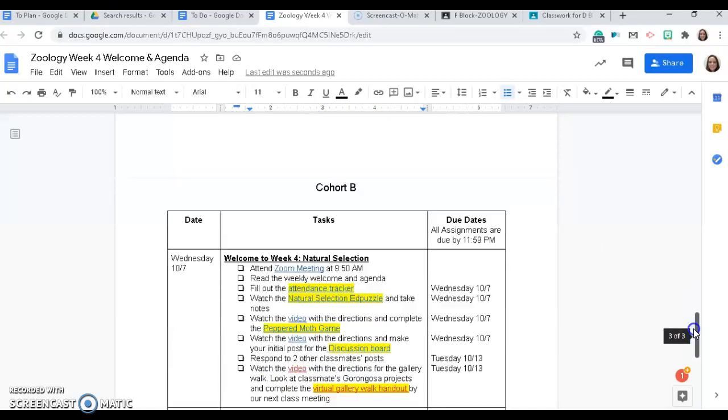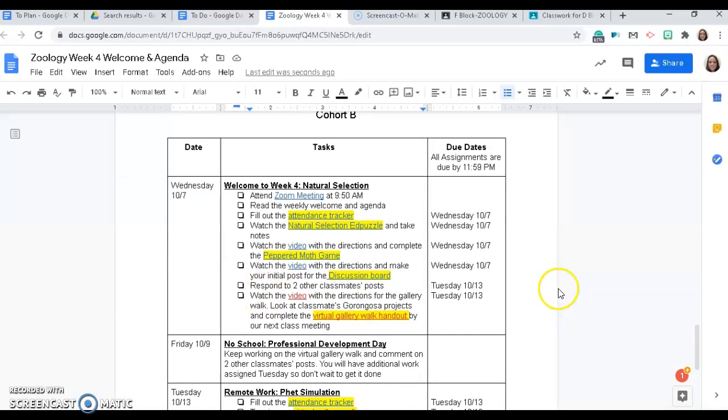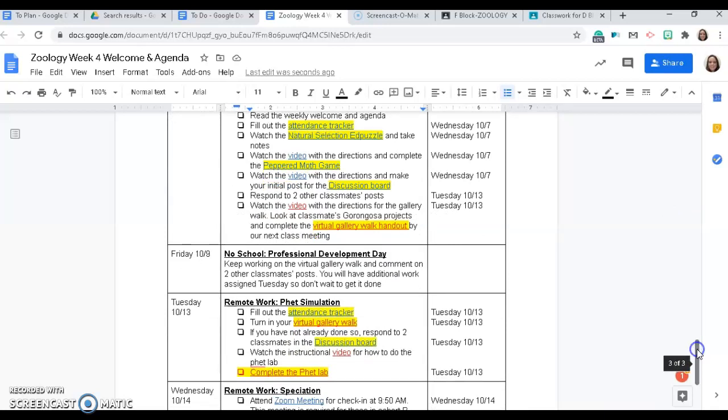Those of you in cohort B, your Wednesday tasks are the same. Okay? Your discussion board posts and virtual gallery walk are also due on Tuesday, your remote day. And then you will also be working on the PhET lab, the natural selection PhET lab.